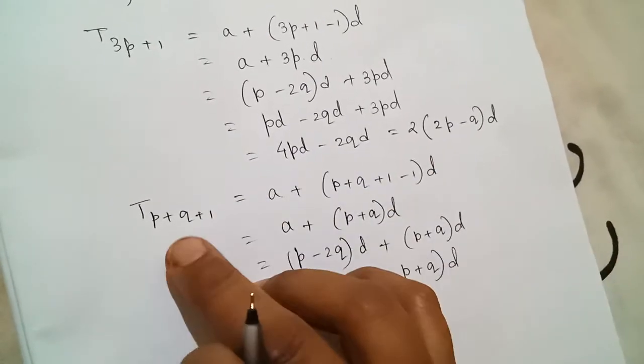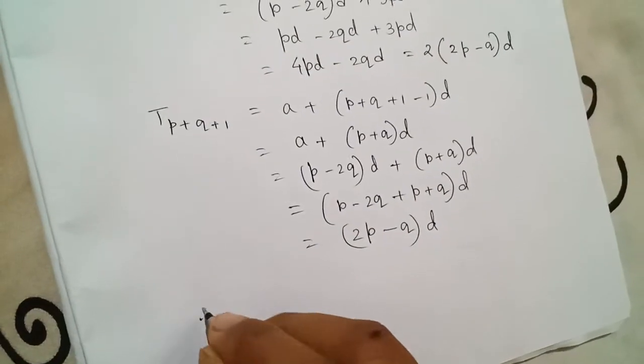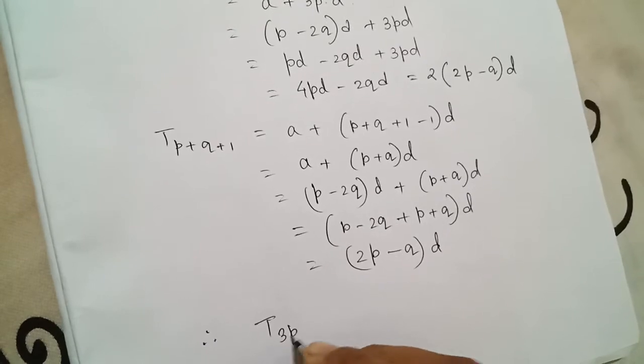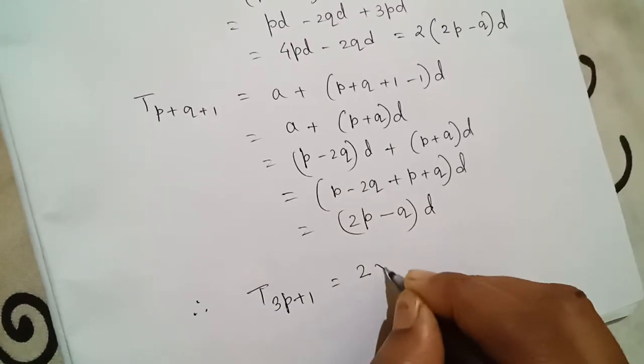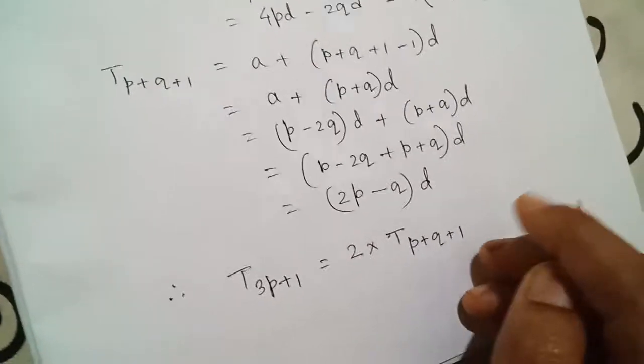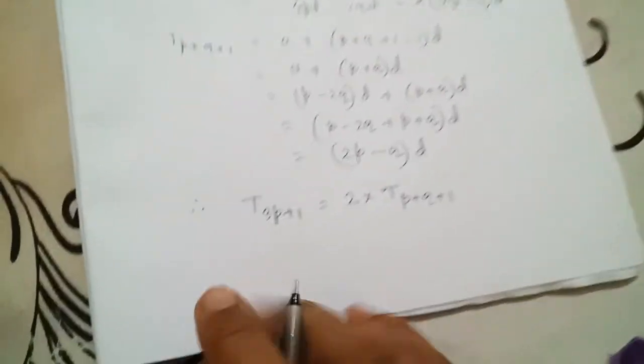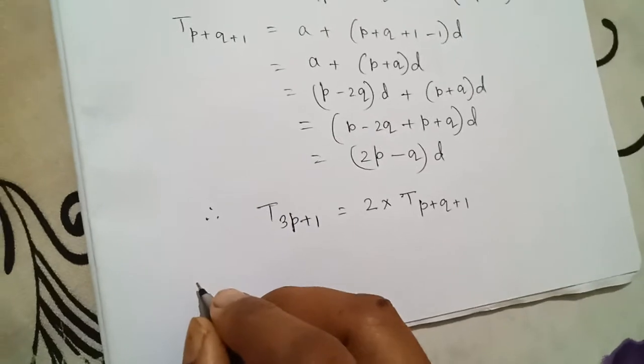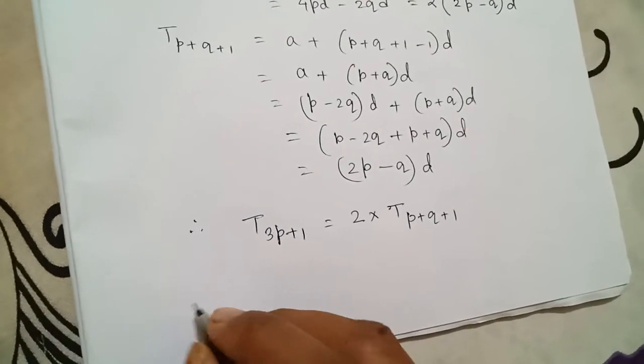That means twice this term. So we can write, therefore T of 3P plus 1 equals 2 into T of P plus Q plus 1. We write the same statement as given in the question.